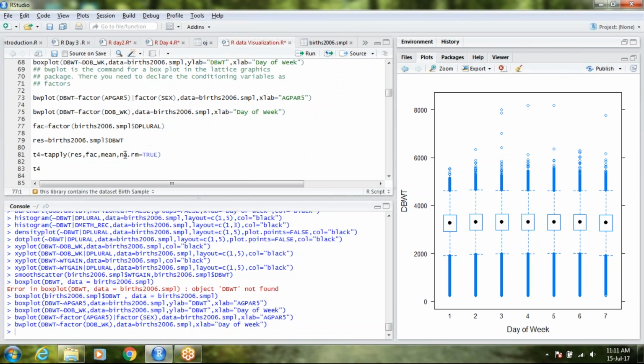So one more thing that we will be adding now is tapply. Mainly, if you have to make a pivot in R, there are many functions associated. One is the aggregate function, another is tapply. tapply is one of the major functions that I have used most of the time.